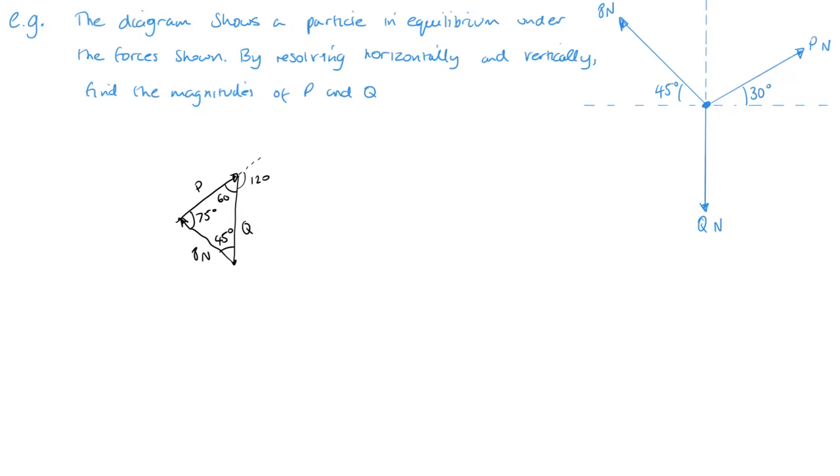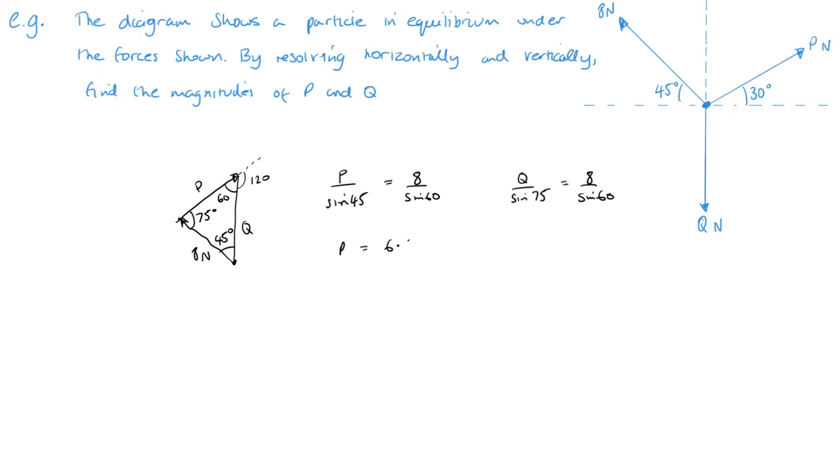So P over sin 45 is equal to 8 over sin 60, and Q over sin 75 is equal to 8 over sin 60.